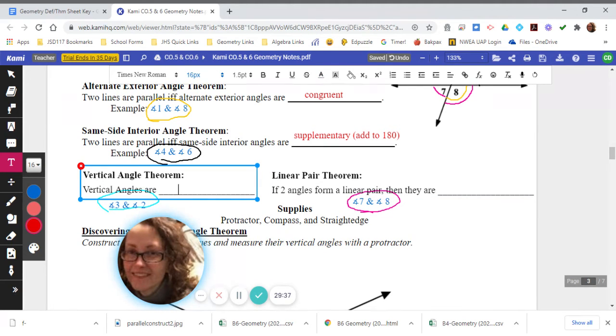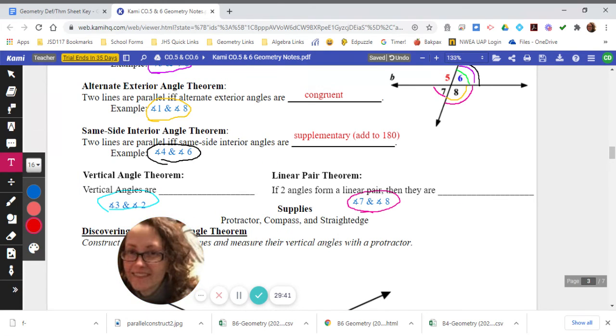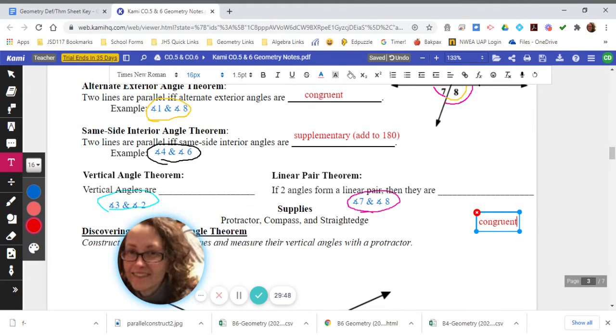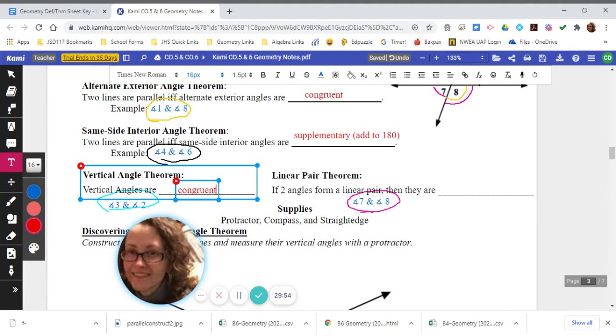And then for vertical angles we get that they are congruent. Vertical angles are going to be congruent. And notice I don't have anything about whether I have parallel lines here for vertical angles. The statement is that vertical angles are congruent, period.